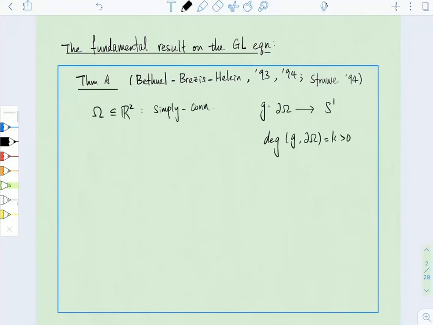Suppose for all epsilon you take a minimizer of the Ginzburg-Landau functional, subject to this Dirichlet boundary condition. Then as epsilon goes to 0, up to a subsequence, the following happens.